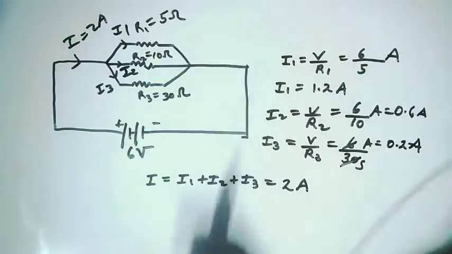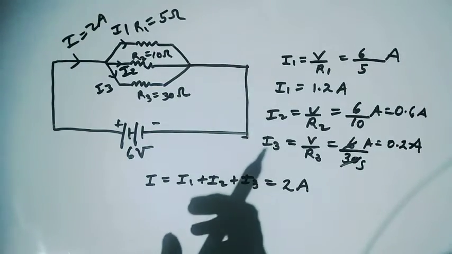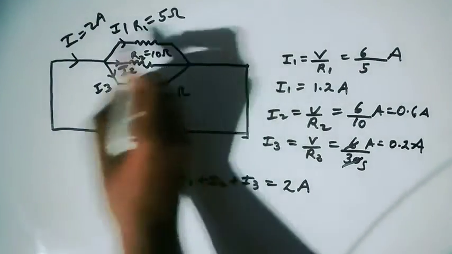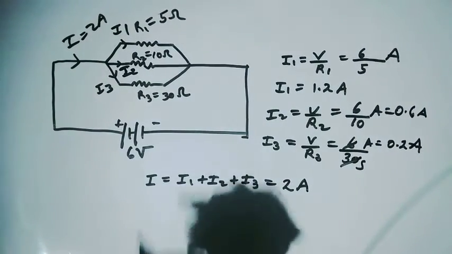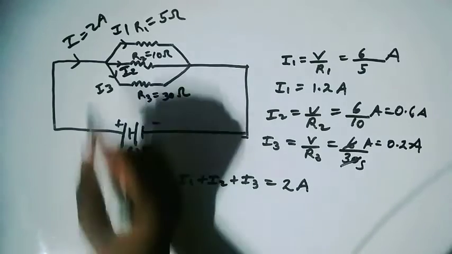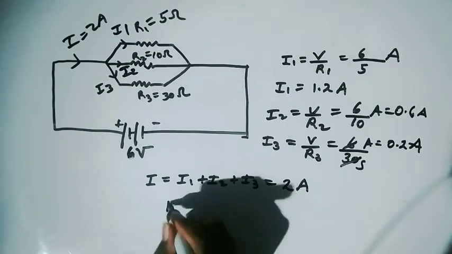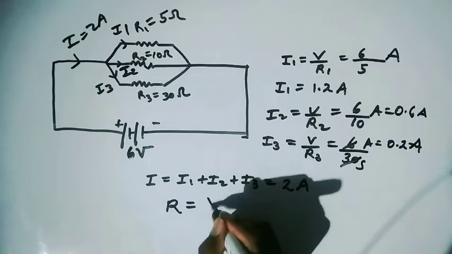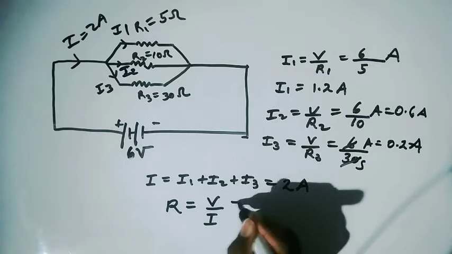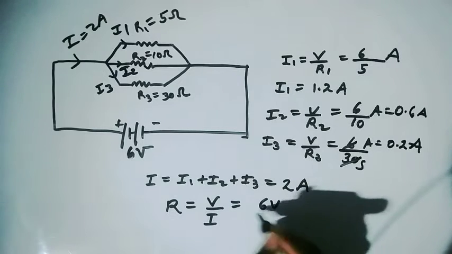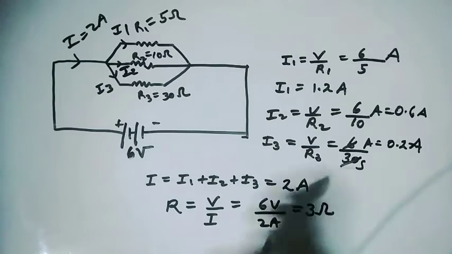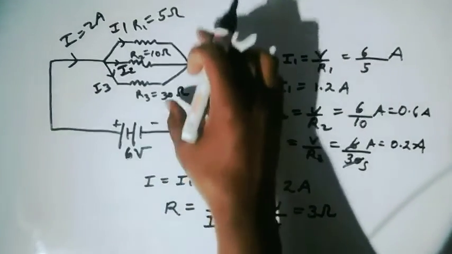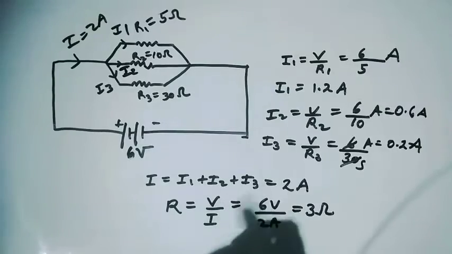Now we need to find the equivalent resistance of these resistors. See, we have V, we have I, so we can find R. R is equal to V by I, which is 6 volt divided by 2 ampere, which is 3 ohm. So the equivalent resistance of these three resistors is 3 ohm.